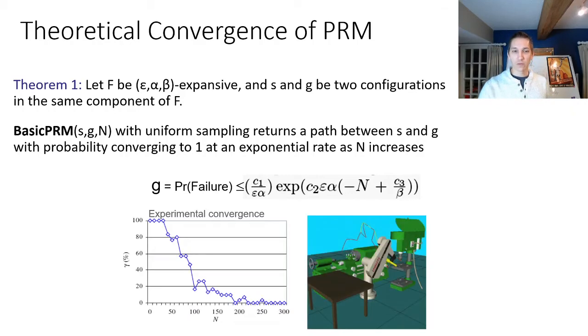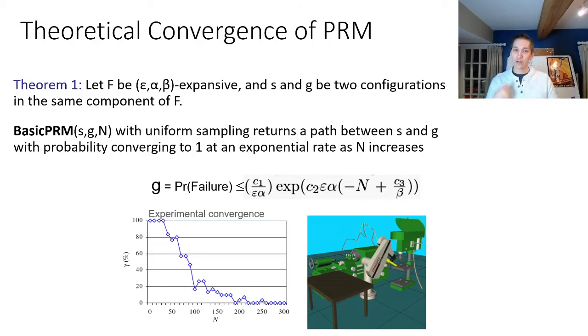This function will look something like this, and it works pretty closely with the empirical convergence rates of PRM. Given some number of iterations, there's some number that you need to get any chance of succeeding. But once you hit that number, the likelihood that you succeed increases quite sharply, and the likelihood that you fail decreases.